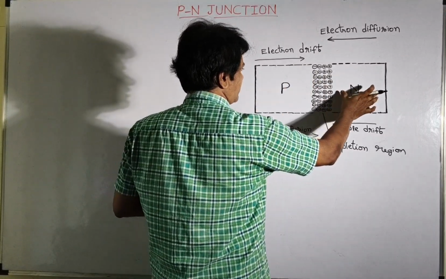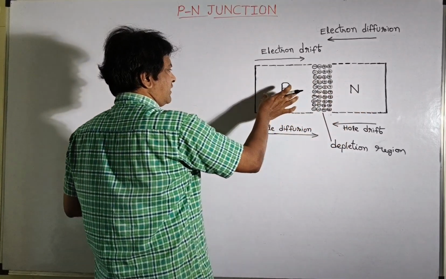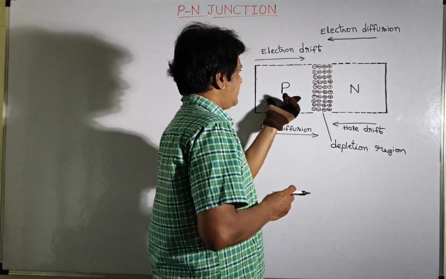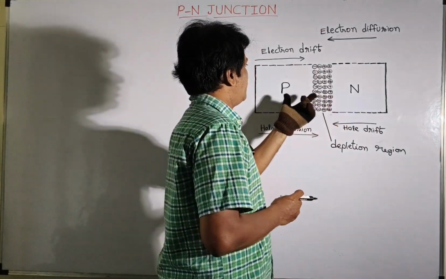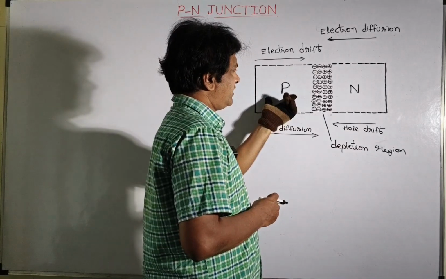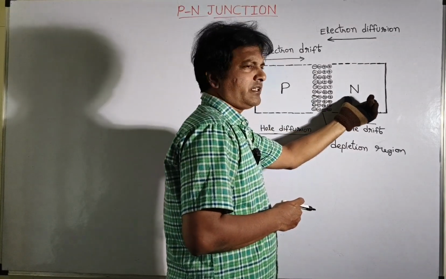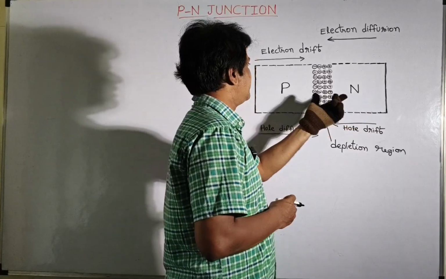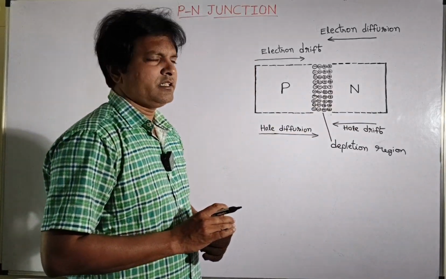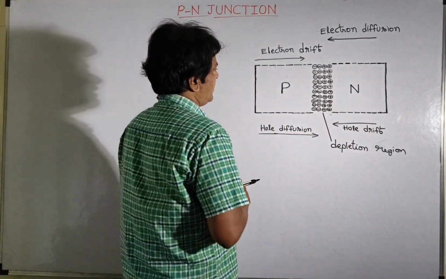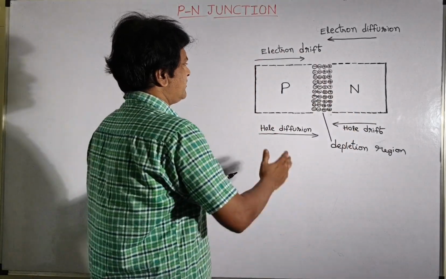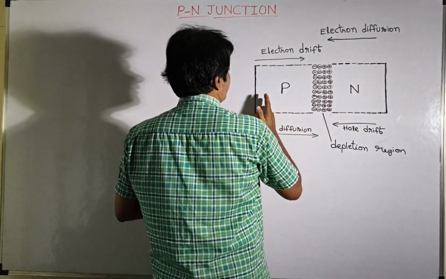The electrons are high here, and here the hole percentage is high. The concentration of holes is high compared to the N region. Holes are majority carriers here, electrons are majority carriers there, and holes are minority there, while here the electrons are minority. As per the gradient, the concentration is decreasing from here to here.